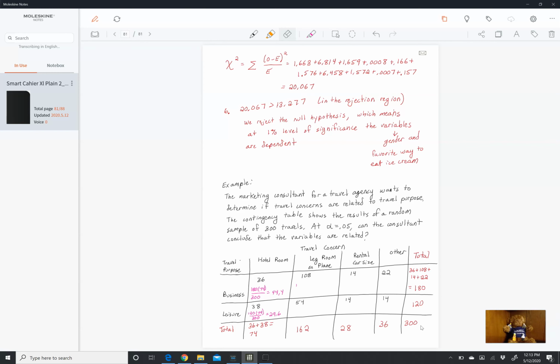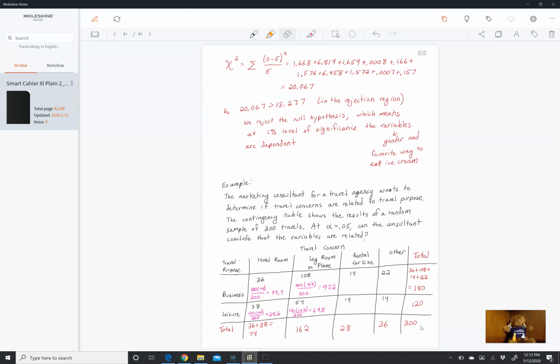Here, row total, 180. Column total in this case is 162 over 300. This gives us 97.2. Here, row total is 120. Column total, 162. We divide by 300. This gives us 64.8.